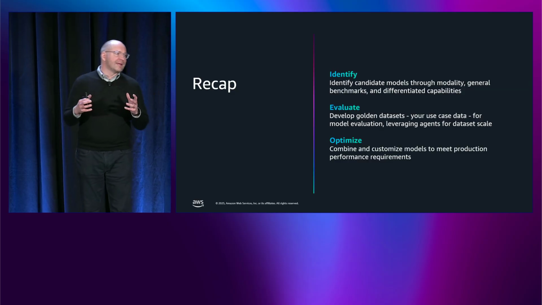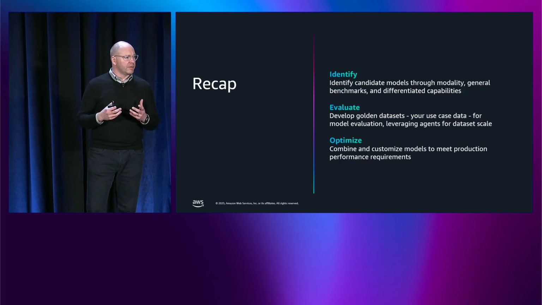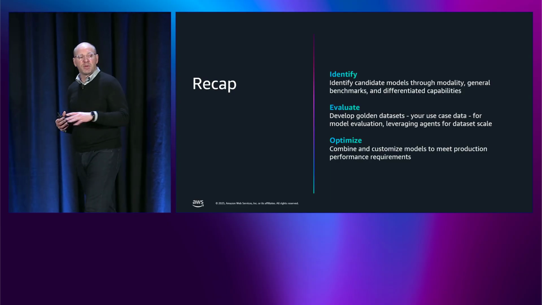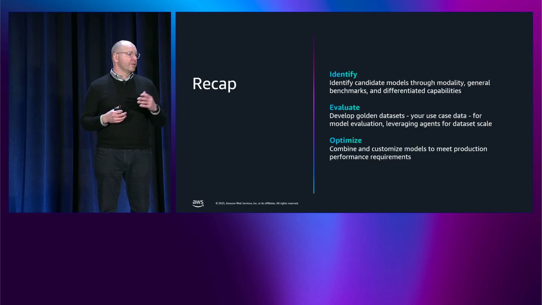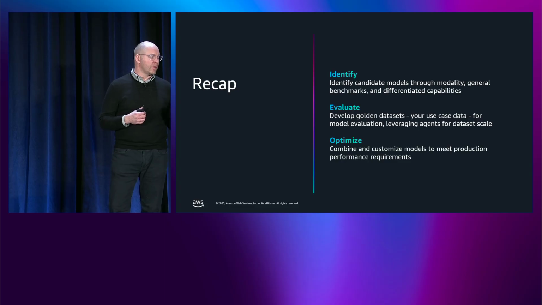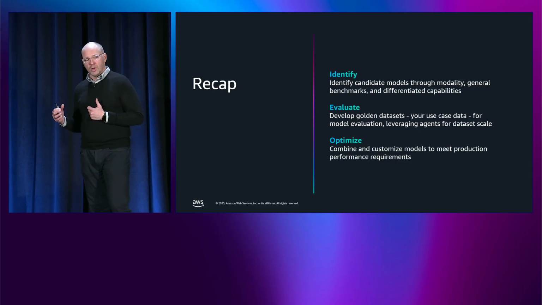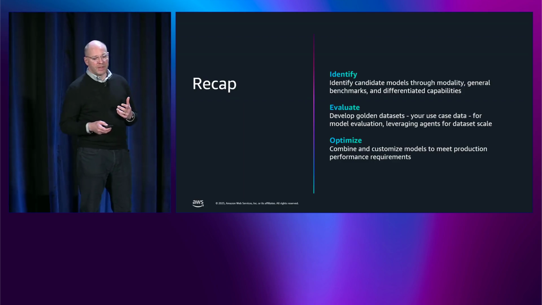Run those models in your environment, on your data, on your use case, and generate that golden data set so that you can verify and know that you're picking the right models for your use case, and then optimize those models through model combinations or through fine-tuning to make sure that you're achieving the benchmarks and the performance requirements that you need. And great to hear from CoinMarketCap as well to understand what that looks like in production for them today.